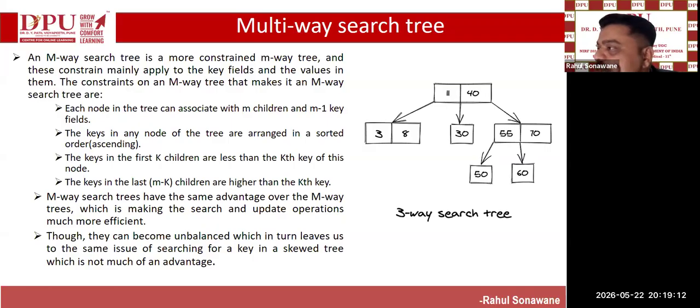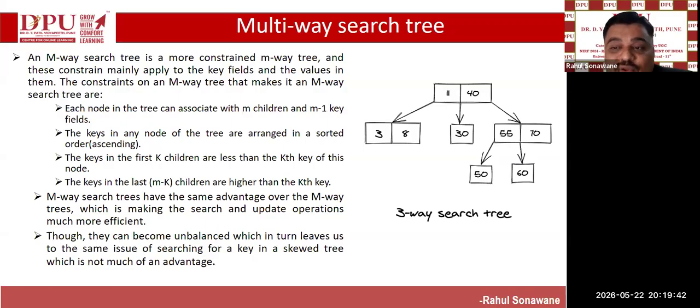So three-way tree means three different ways to go from a given node. From the root, there are three different paths I can take, at most. In a binary tree, every node had only one value, that is 2 minus 1. In a three-way tree, it will be 3 minus 1. A node is able to carry m minus 1 key fields.